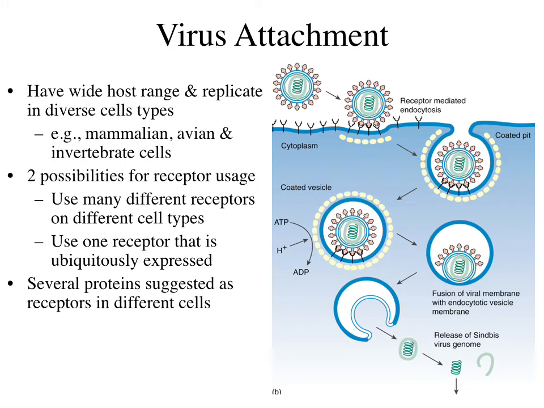The receptors for alphaviruses are most likely ubiquitous cell surface molecules that allow the viruses to attach to both insect and vertebrate cells. Keep in mind, the viruses in this family have a very wide host range, and most of them cycle between insects that are the vectors and vertebrate animals that are the hosts.